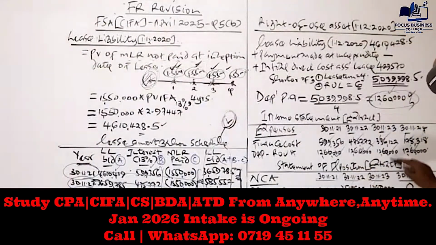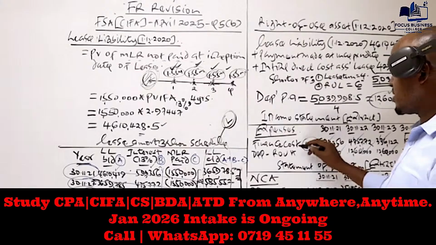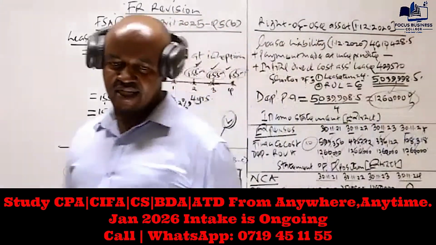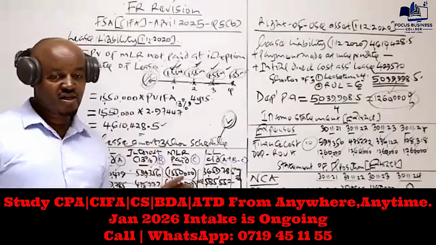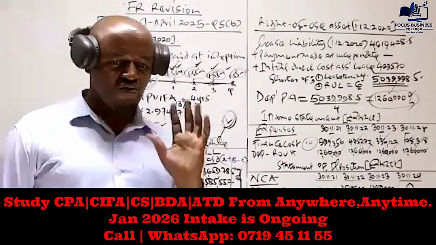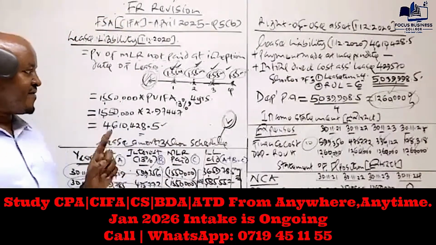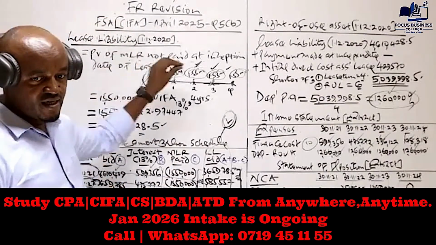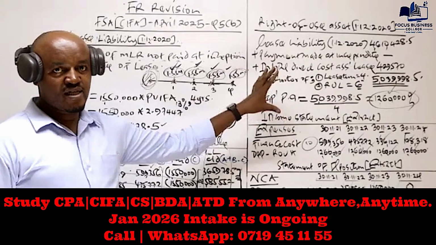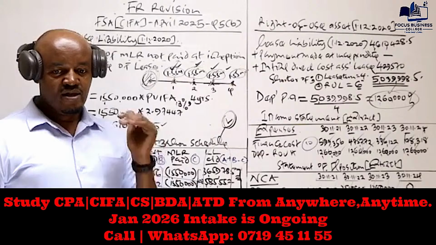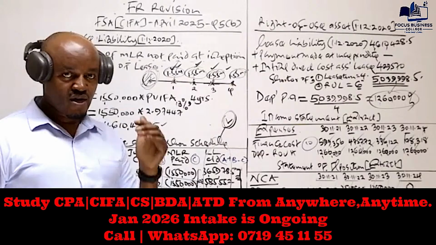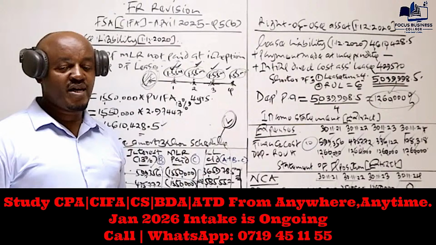So what will earn you the 8 marks is basically what we have here. But remember, there is a similar question which we did in your paper 6, where the marks allocated were 10. So in such a question, you can be given either 8 marks or 10 marks. What I want you to understand is the difference in how we compute the lease liability, the right of use asset, and how we prepare the lease amortization schedule whenever the minimum lease rentals are payable at the start of the year and at the end, because that is the question we are likely to come across.